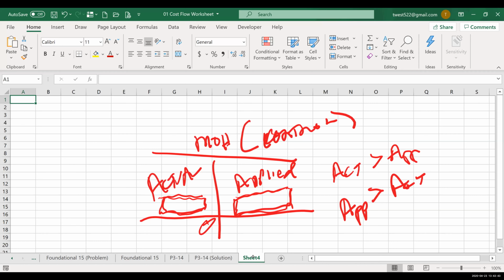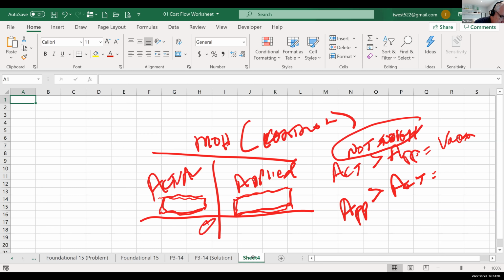Now, these two things have special names, right? Correct. So if actual is greater than applied, are we over applied or under applied? You haven't applied enough, so you're under applied. So remember, he's telling you, and this is really important, this one is a not enough piece.